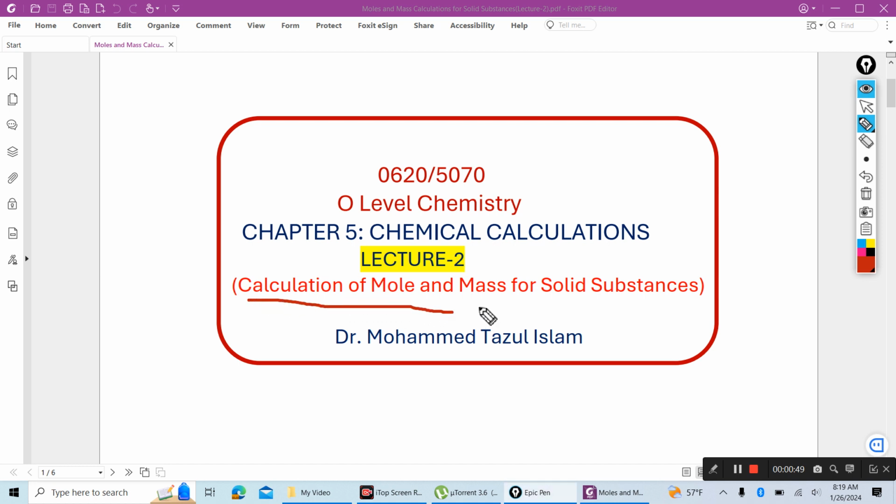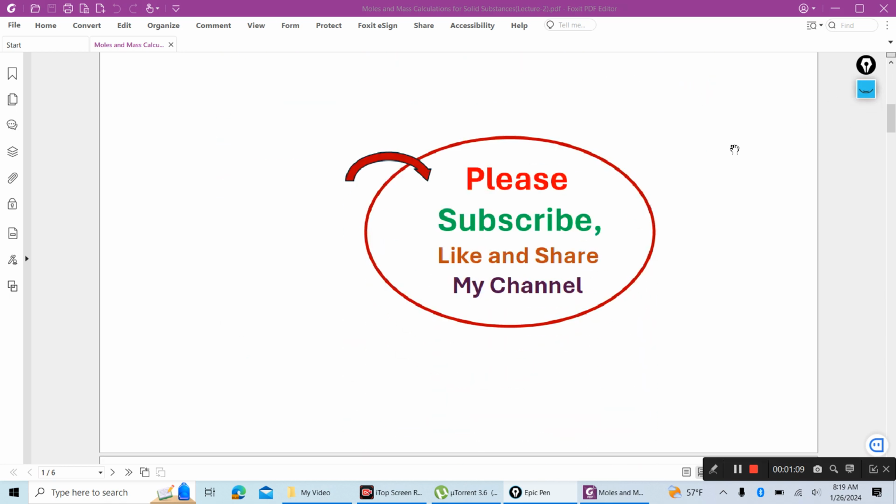Calculation of moles and mass for solid substance. Solid substances have mass in gram, kg or ton. Let's move.